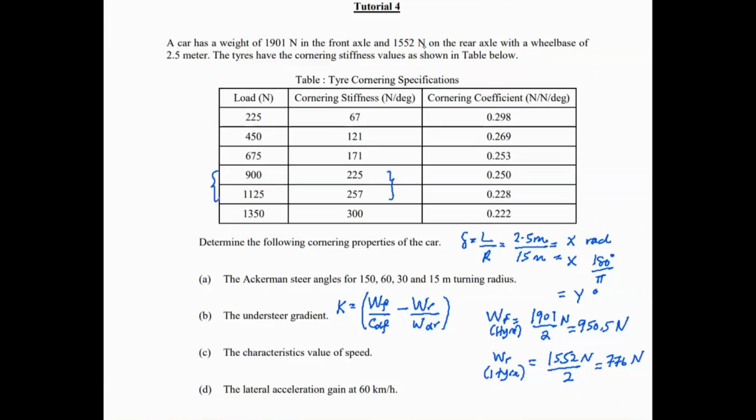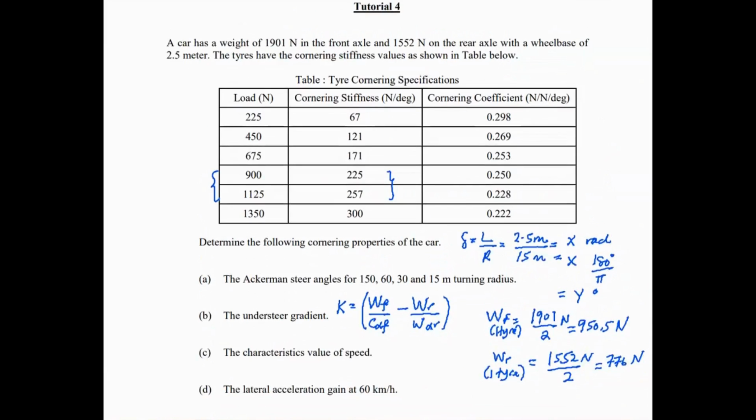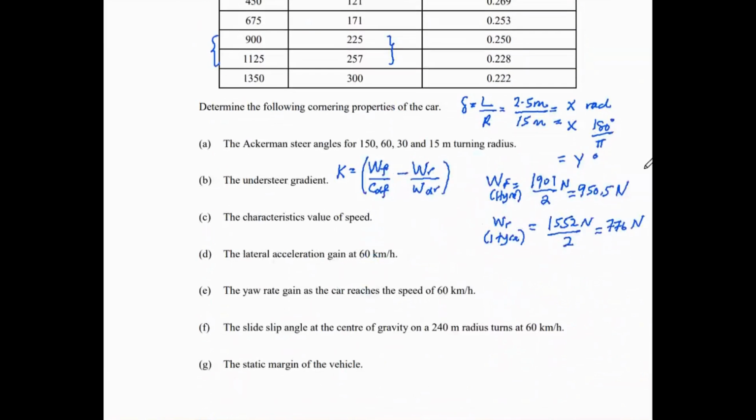So when you solve the cornering stiffness, later you will get C alpha F equal to 232 Newton per degree and C alpha R equal to 195 Newton per degree.